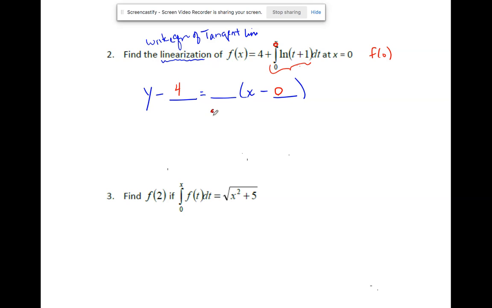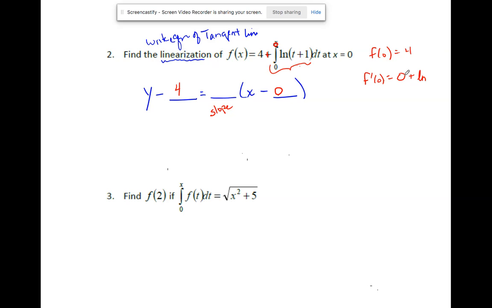How do you find the slope? What's the D word for slope? Derivative. So you need to take f and find what is f prime at 0. What is the derivative of a sum? It's the sum of the derivatives. What's the derivative of 4? 0. What is the derivative of the antiderivative?